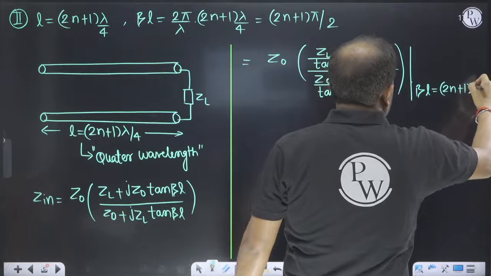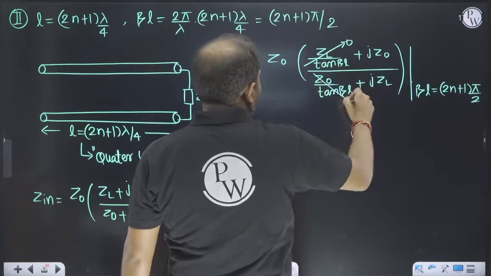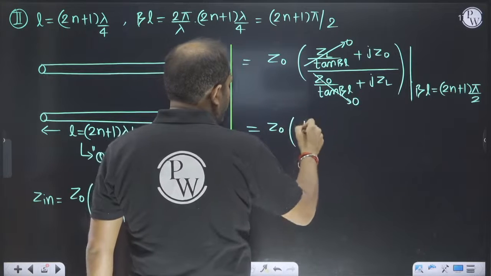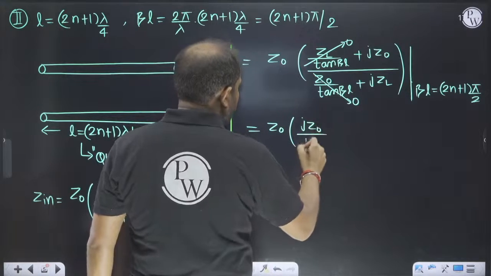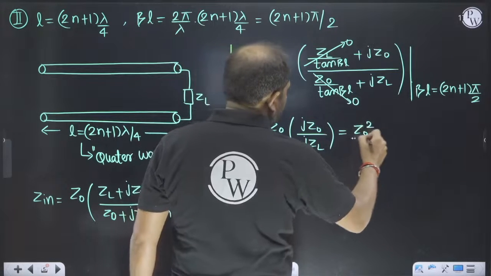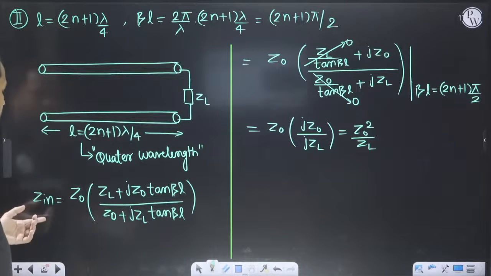In that case, this term becomes 0 and this term also becomes 0. So our input impedance will be jZ0 upon jZL, that means Z0 squared upon ZL. This is the formula for input impedance for a quarter wavelength transmission line.